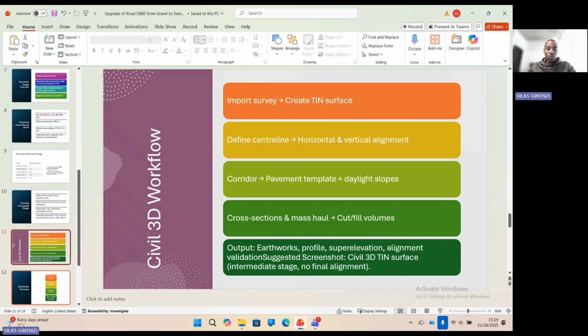The key steps included importing survey points, generating the TIN surface, designing horizontal and vertical alignments, creating the corridor with pavement templates, generating cross-sections, and calculating the earthworks volumes. This workflow, as shown on my screen, ensured accurate design and easy verification against the TRH17 and TRH26 standards.